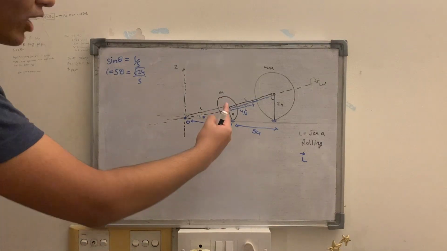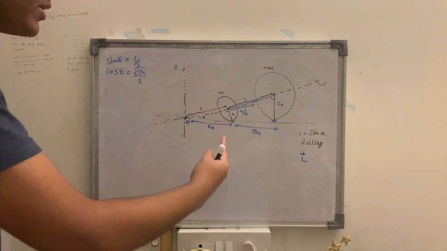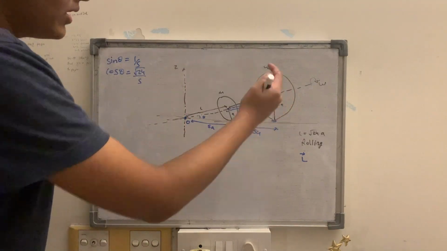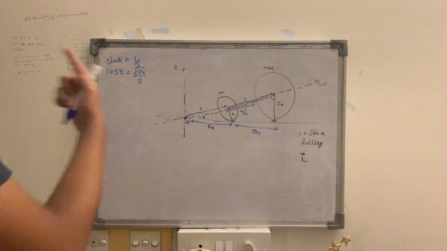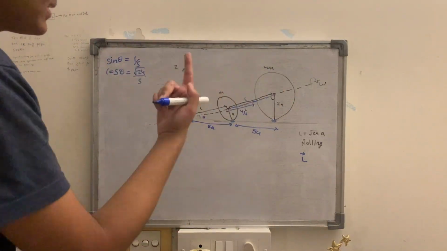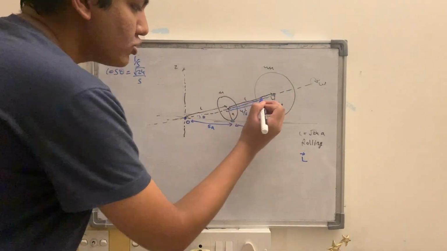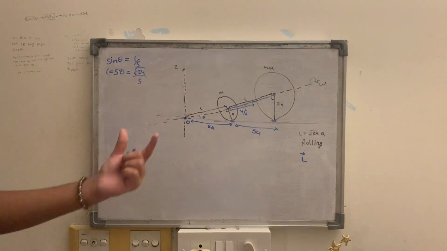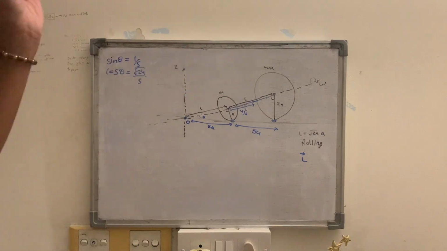So the angular velocity of this disc about the z-axis, the center of mass of this disc about the z-axis, and every point on this rod about the z-axis will have the same angular velocity about the z-axis. Why?